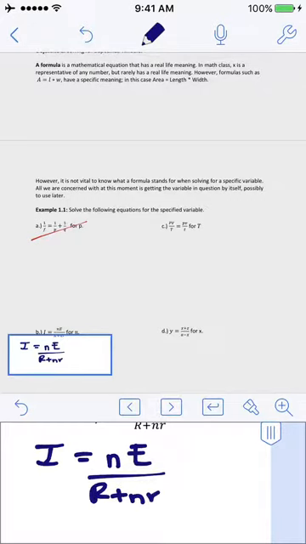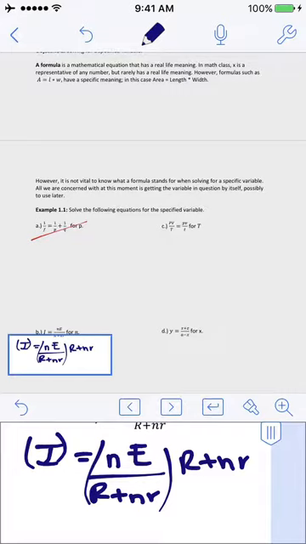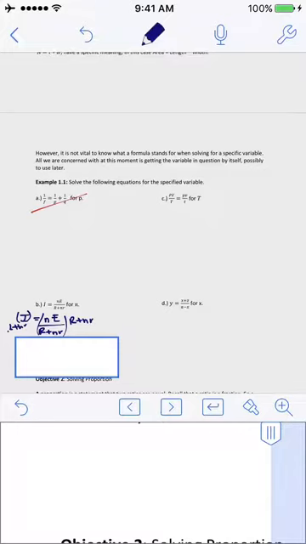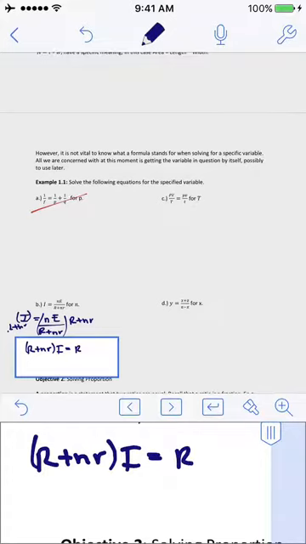Now from our last section, remember when we multiplied the denominator to both sides so that we got rid of it? Same concept here. It's not going to go away, but it is going to be on the other side. So I end up getting R plus nr times I is equal to ne.